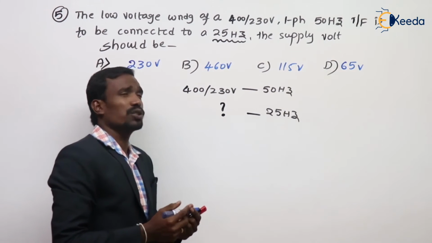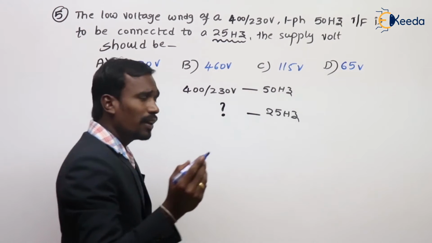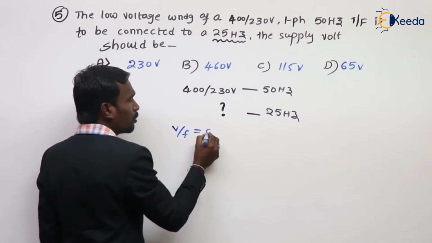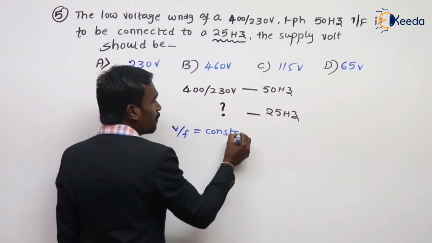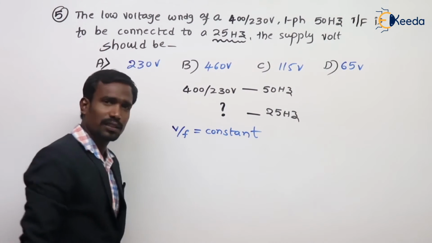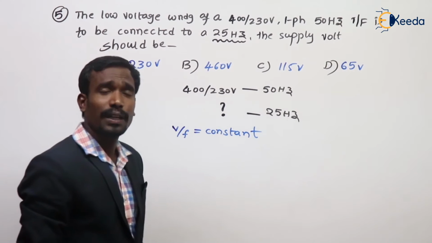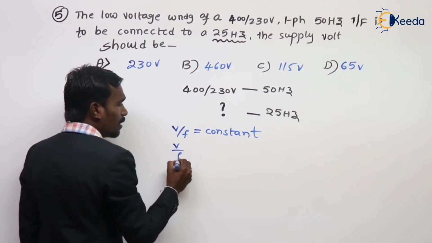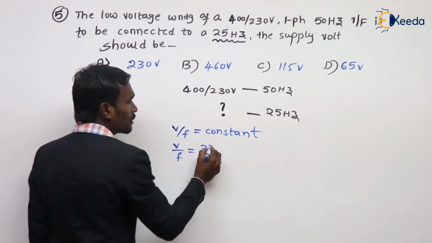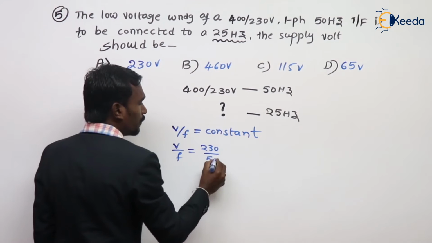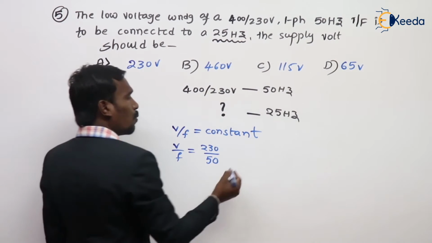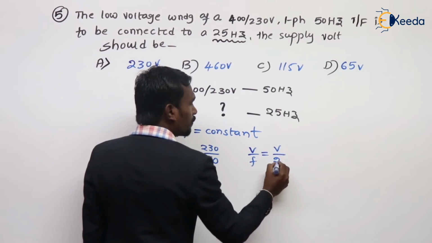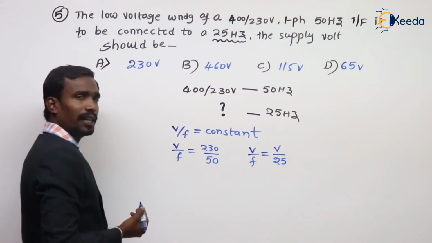If they ask you questions like this, here we have to maintain the V by F ratio constant. Let's see, what is the first V by F? The first V by F is equal to 230 upon 50. What is the next V by F? We don't know the next V, but we know the frequency.